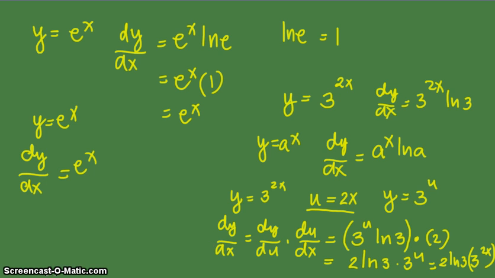Okay, so that is the derivative. I'll be providing more examples on the exponential function. Say y is equal to 5 to the 3x plus 2. As you can see, this is an exponential expression because you have a base and you have an exponent.